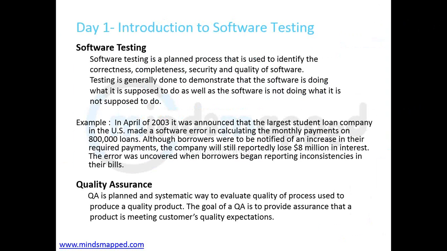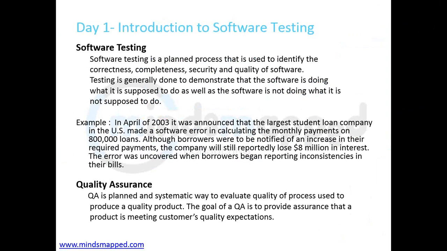This is achieved with the help of meetings, discussions, reviews, and walkthroughs. You don't execute any code in the quality assurance process. You are just verifying that the procedure, the life cycle model, and the different documentation you have followed for the development of the software are correct and properly implemented.